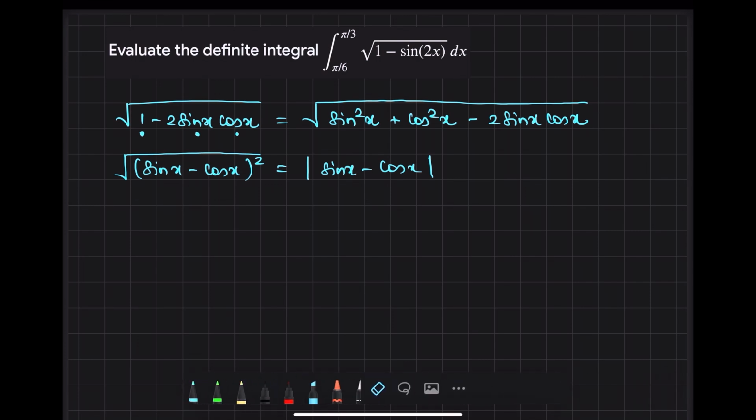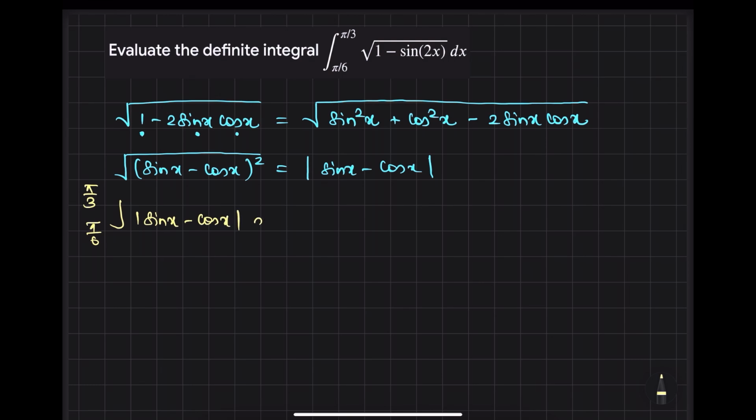Now you have to be a little bit careful while handling the situation. Look at this, how we will handle this part. We have to integrate from pi by 6 to pi by 3 mod of sin x minus cos x dx.